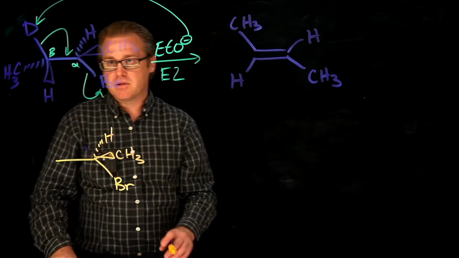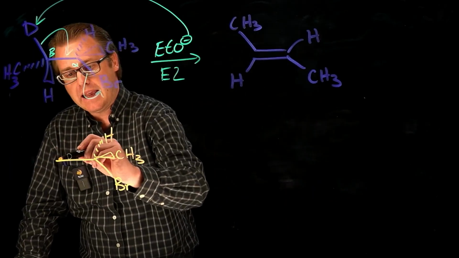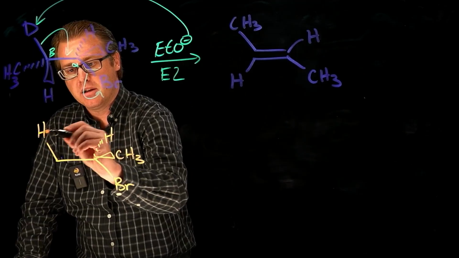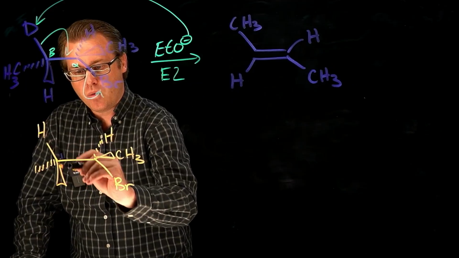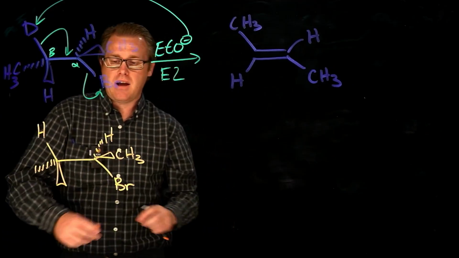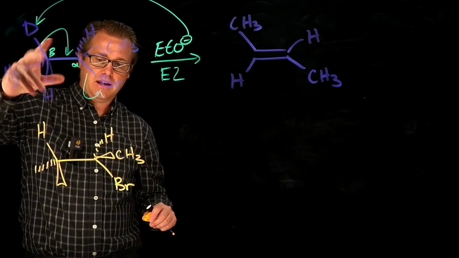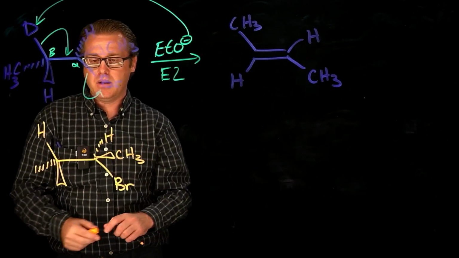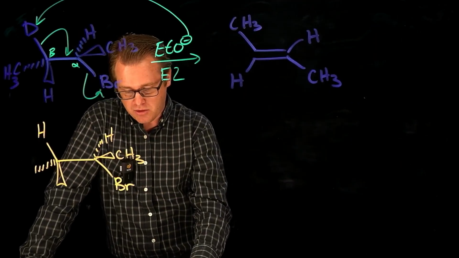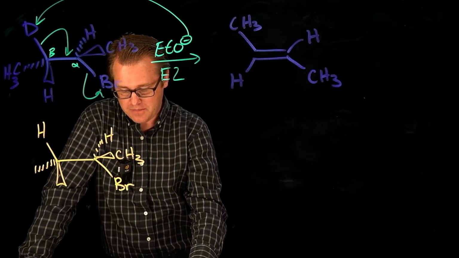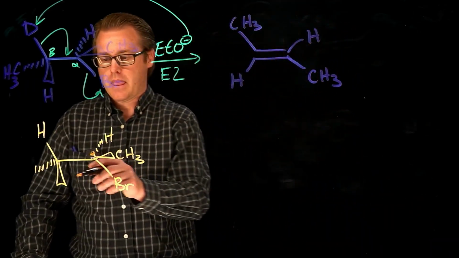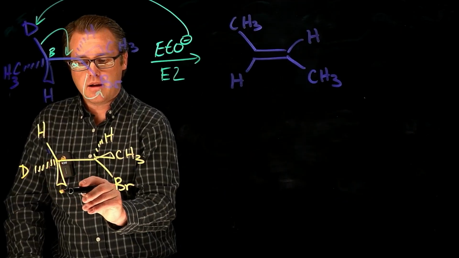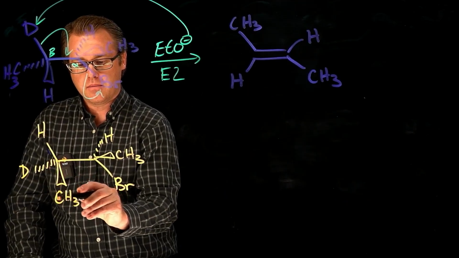Watch what happens when we rotate it. I can get the hydrogen like that, and then I'll have our dash and our wedge. Now, if I rotate this, where's my deuterium, and where is the methyl group going to go? Our deuterium will go there, and our methyl will go there, like that.